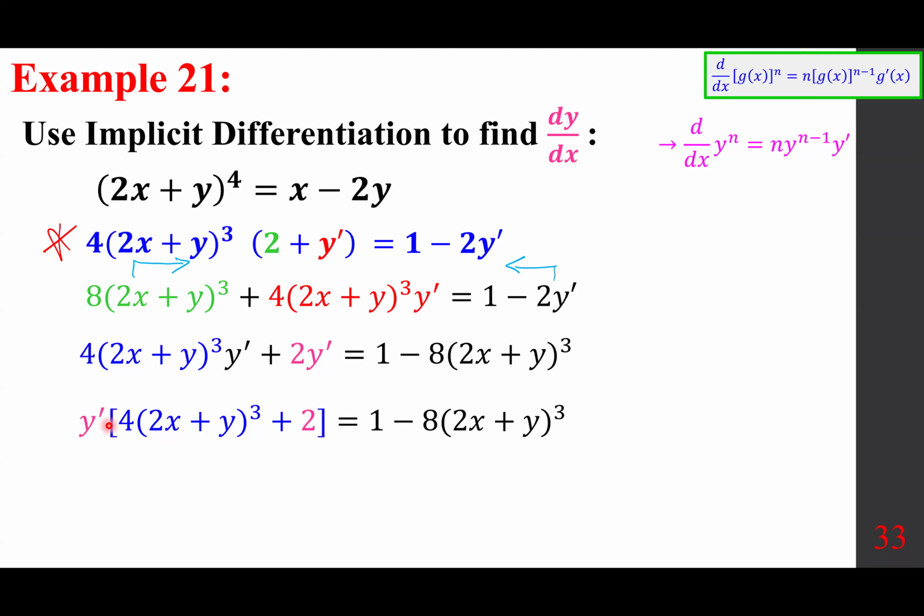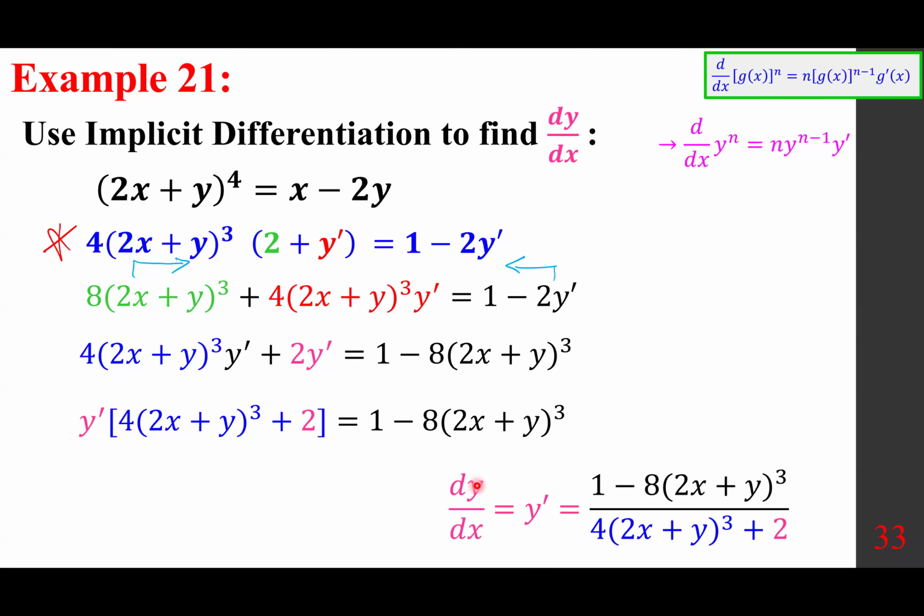All we have to do to solve for y prime is to divide both sides by the brackets. So y prime or dy dx is the right side, 1 minus 8, parentheses 2x plus y quantity cubed, over the brackets here, 4 times 2x plus y quantity cubed plus 2.